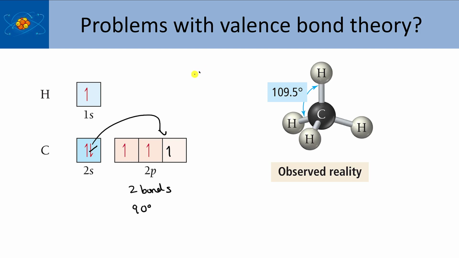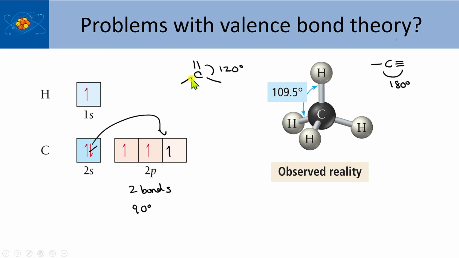But carbon also makes, for example, when it's double bonded with two single bonds, a 120-degree bond angle. And if it has a triple bond on one side, or a double bond on each side, it's a 180-degree bond angle. And really, none of these make any sense according to atomic orbitals and quantum mechanics.